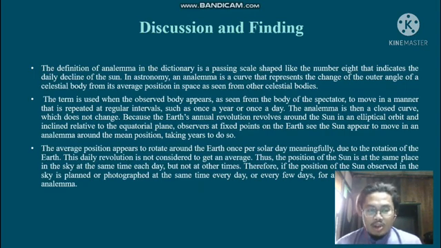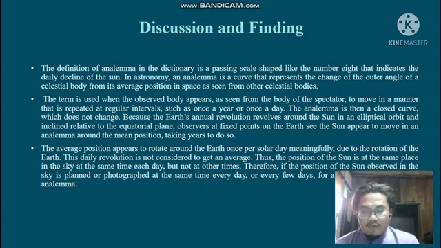The average position appears to rotate around the Earth once per solar day. Due to the rotation of the Earth, this daily revolution is not considered in getting the average. Thus, the position of the Sun is at the same place in the sky at the same time each day, but not at other times.